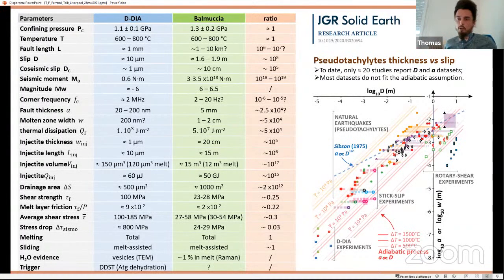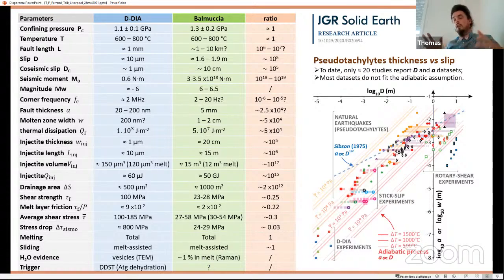And I encourage you, if there are field geologists in the audience, please take values of, when you see pseudotachylytes, first you demonstrate this is a pseudotachylite. So we need a proof of melting, and then I want the thickness of it and the displacement, the relative displacement on it.